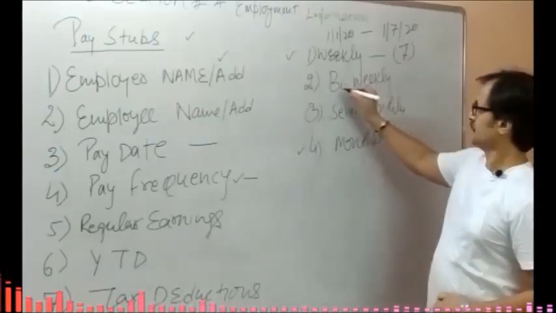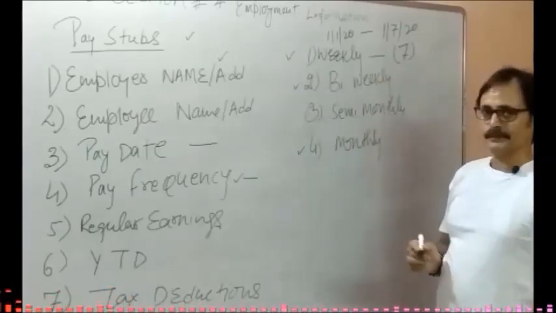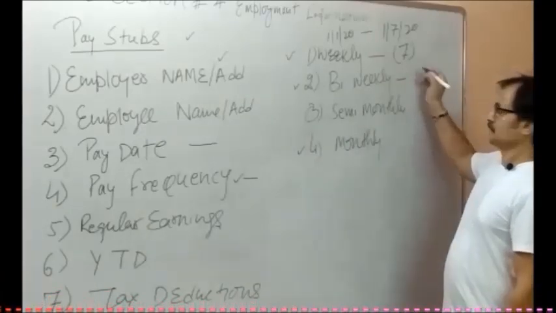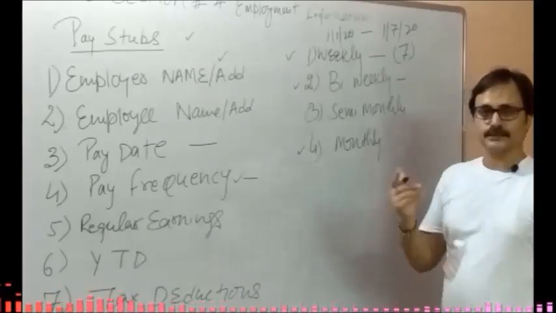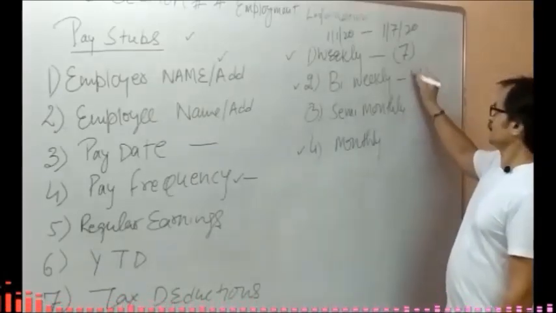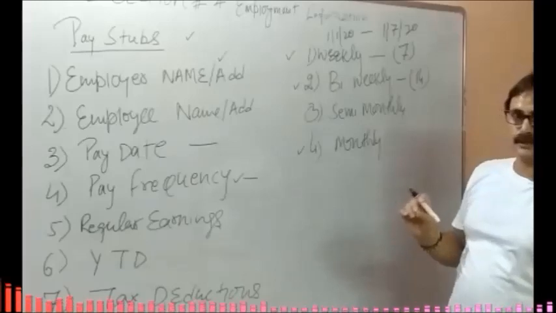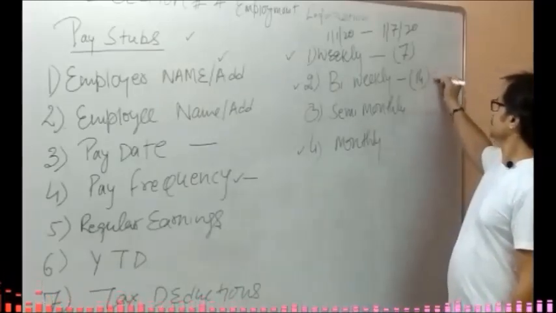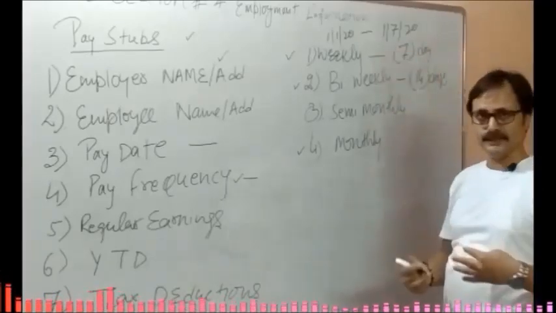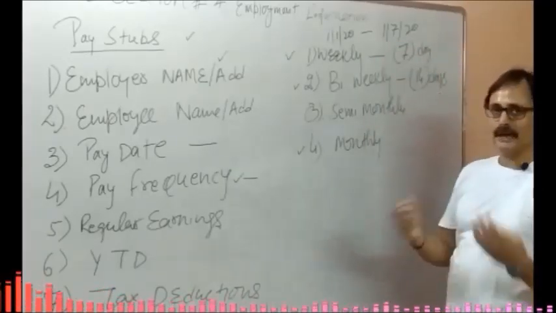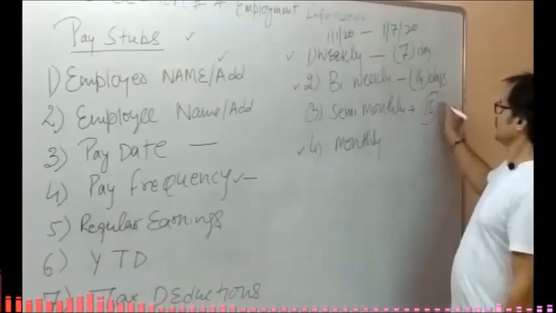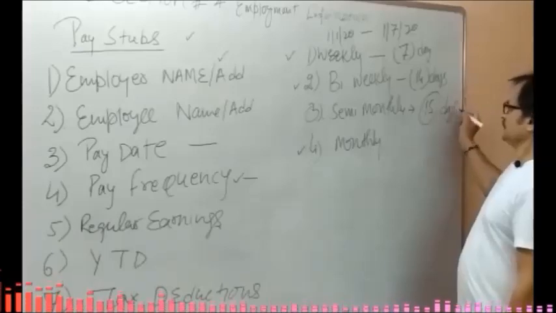Number 2 is bi-weekly. Bi-weekly means 2 weeks or 14 days, so a bi-weekly pay stub covers 14 days. 7 days is weekly, 14 days is bi-weekly. Number 3 is for 15 days, and that is called semi-monthly.